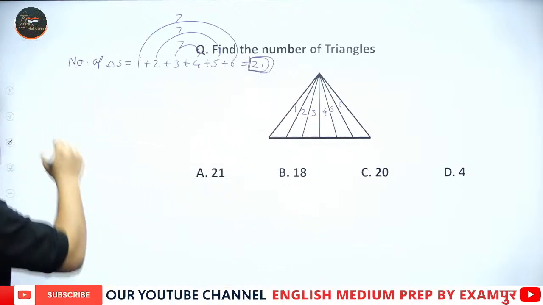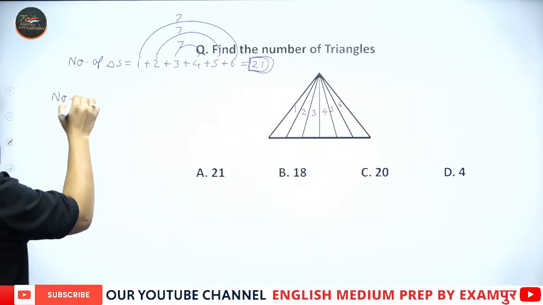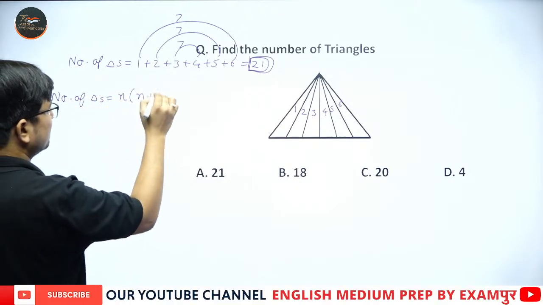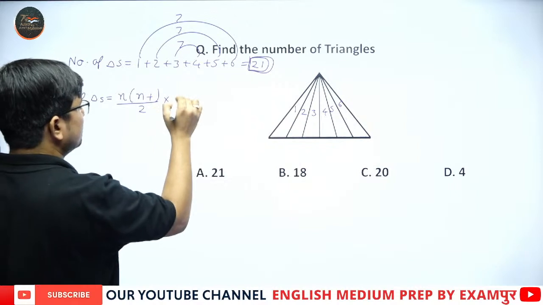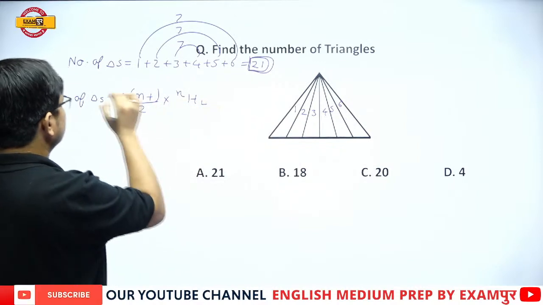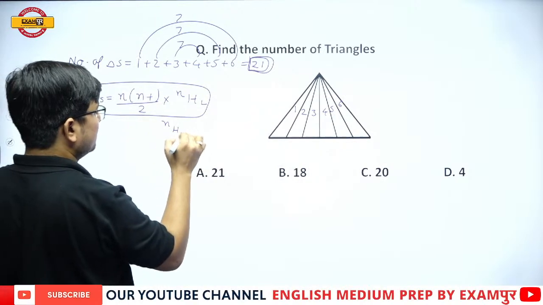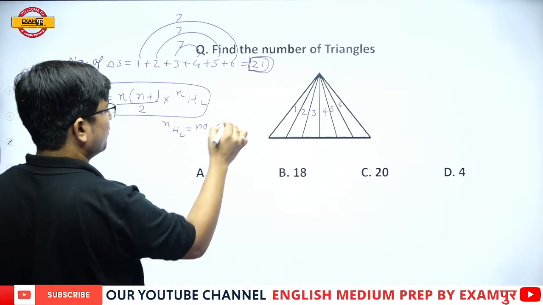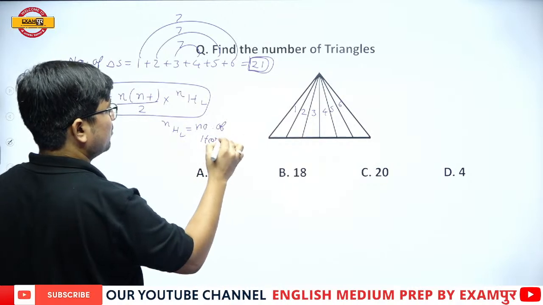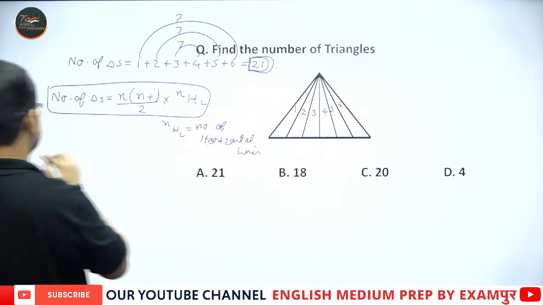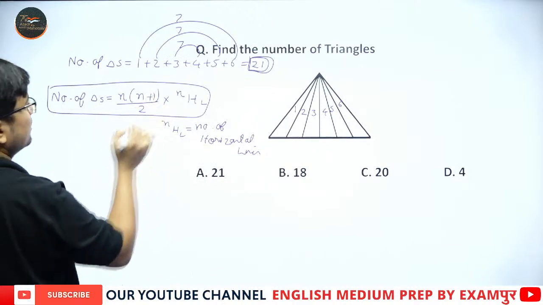And now the next thing, here the other way is: number of triangles is equal to n into n plus 1 by 2 into number of horizontal lines. Now what is n over here?